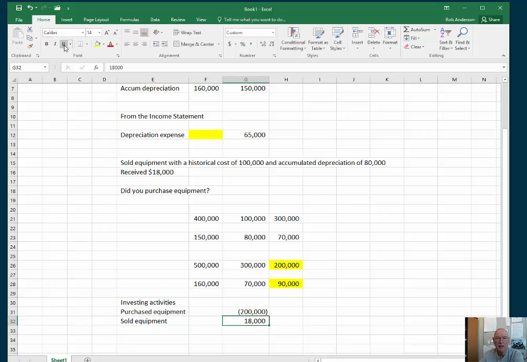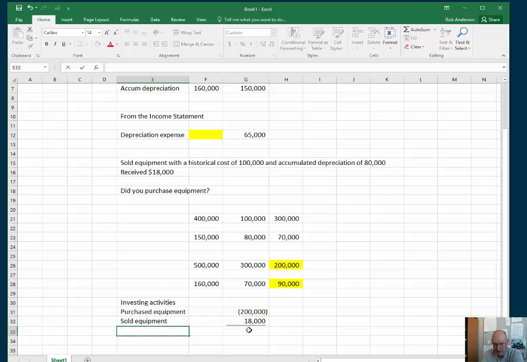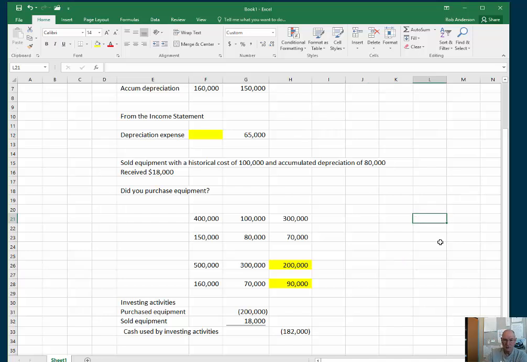Okay, and if we did nothing else, we would call that cash used by investing activities, and we would simply add these together, and we would get $182,000 cash outflow, and that's why we say cash used by investing activities.